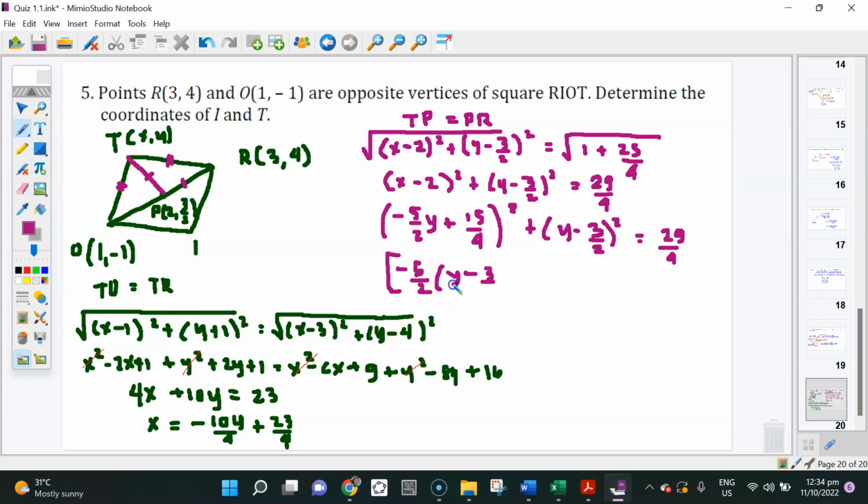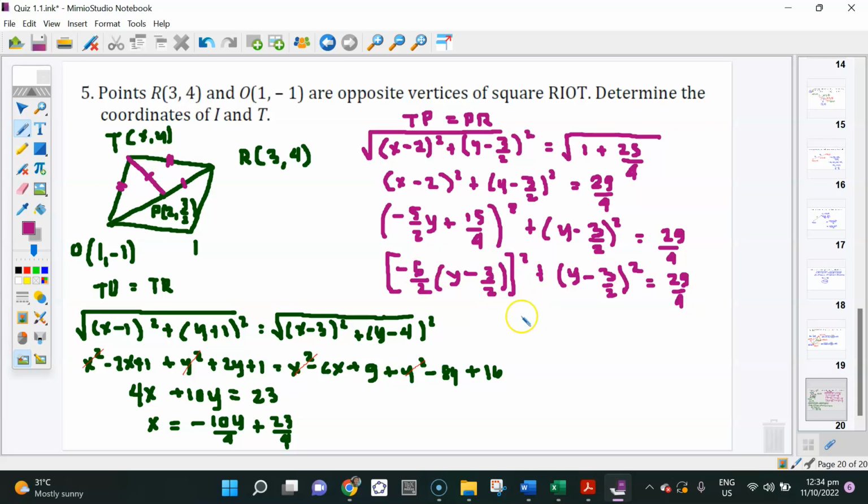Squared, plus (y minus 3 halves) squared equals 29 over 4.